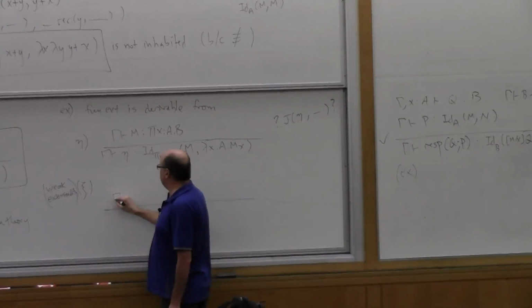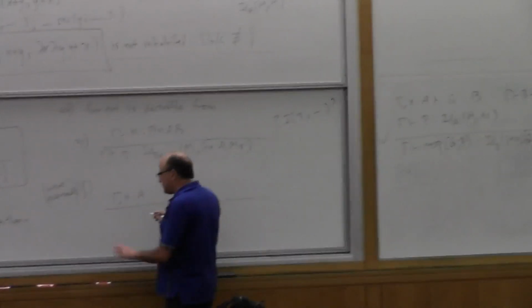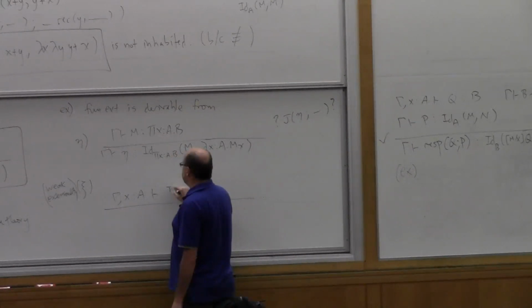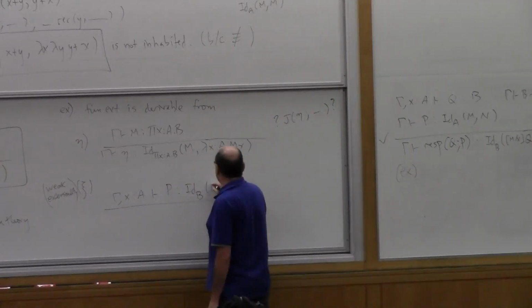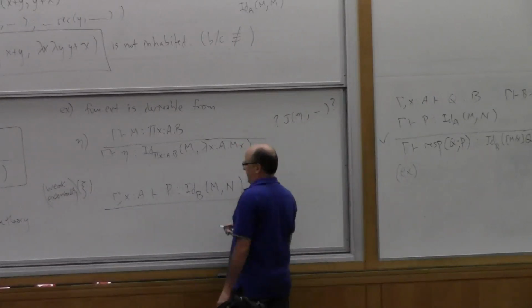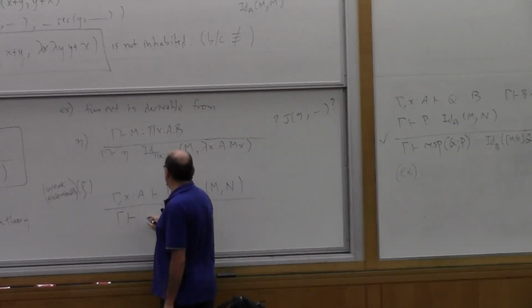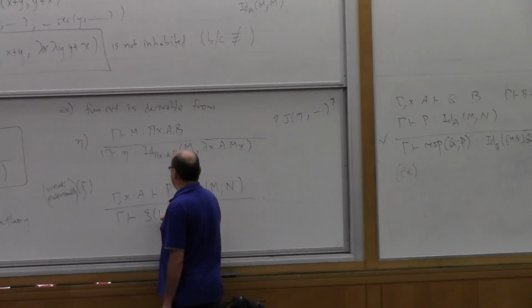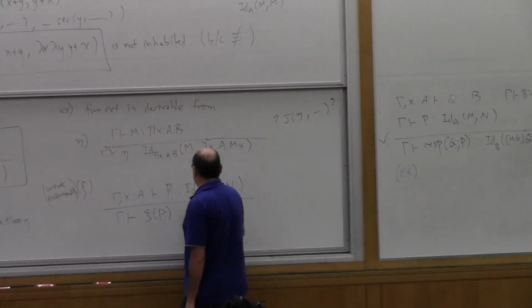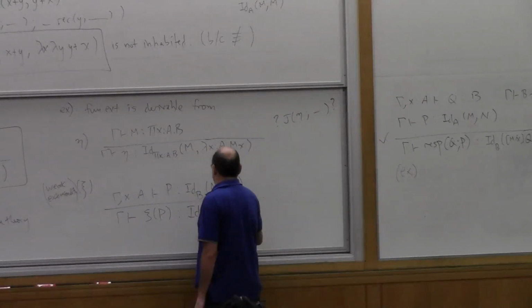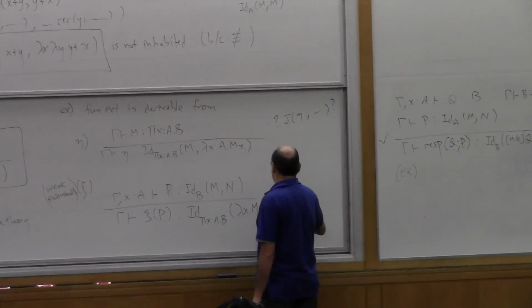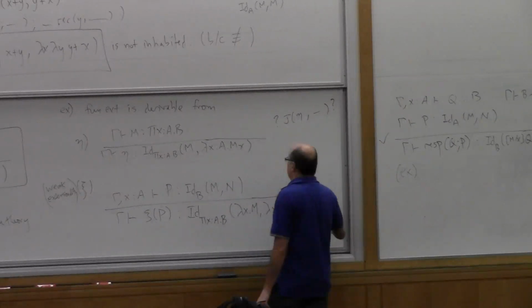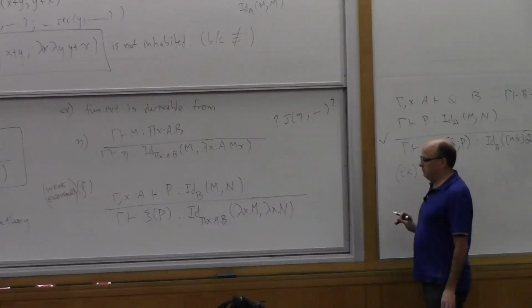Xi says this, and watch carefully what I do here. If you have a proof P of the identity in B of M and N, not M x, N x, but M and N, then there's a proof, we'll call it Xi of P, which is a proof of the identity at the pi type of lambda x M and lambda x N. This is called Xi or weak extensionality.